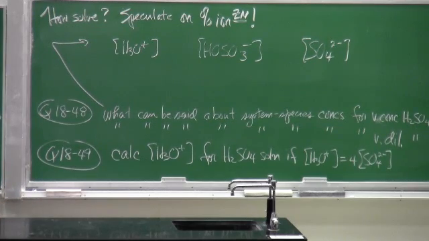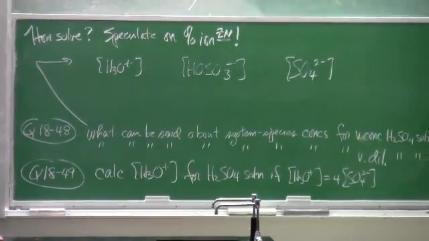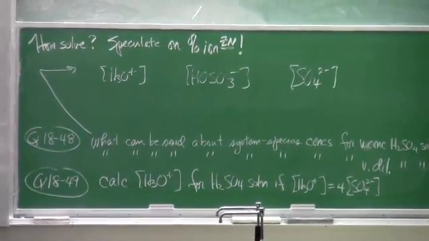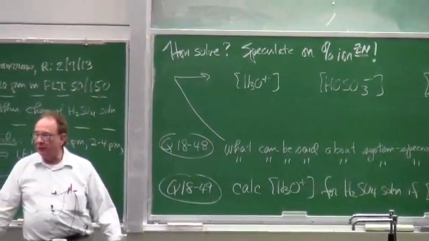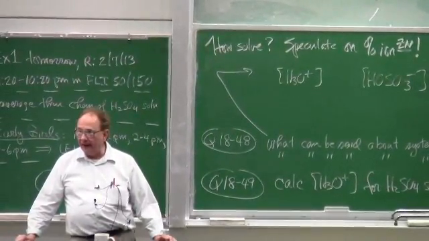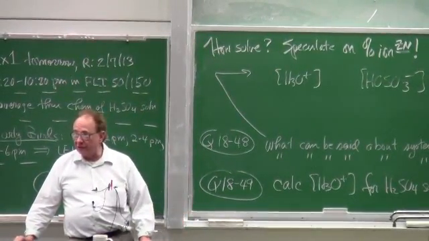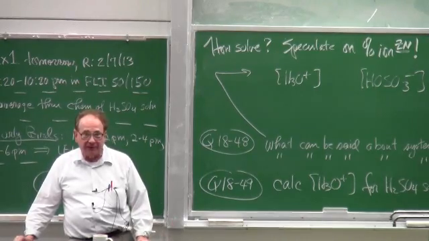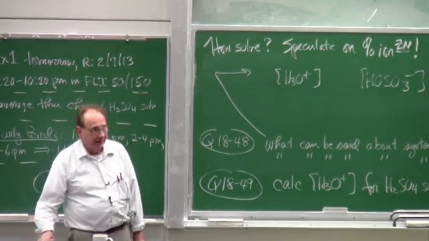First of all, for such a solution, is the pH guaranteed to be quite low? Well, yes. A very concentrated sulfuric acid solution, you've got to have a very high hydronium ion concentration. Next question.